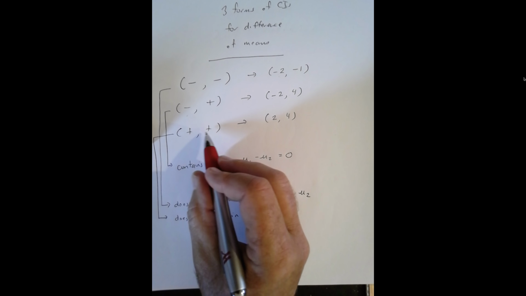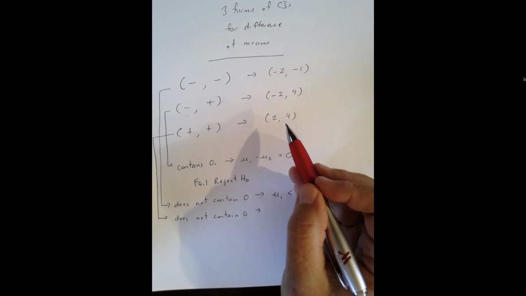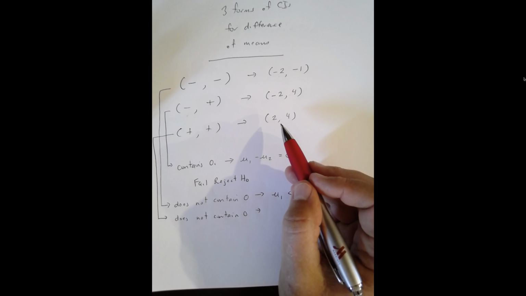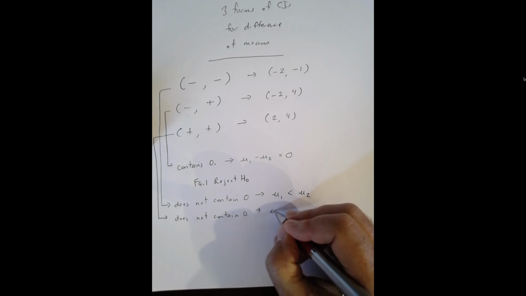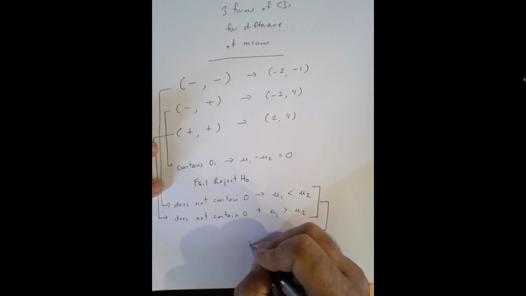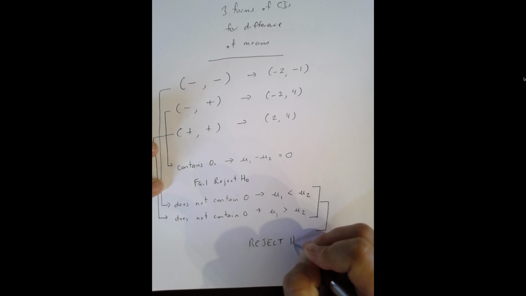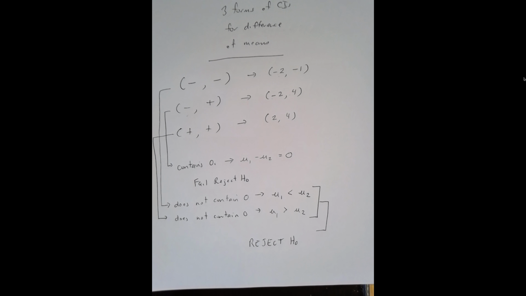But because it's positive, that tells me that the first number, x bar 1, mu1, is bigger than mu2. So I conclude mu1 is greater than mu2. Guys, both of these will lead you to end up with a significant test and rejecting H sub O.